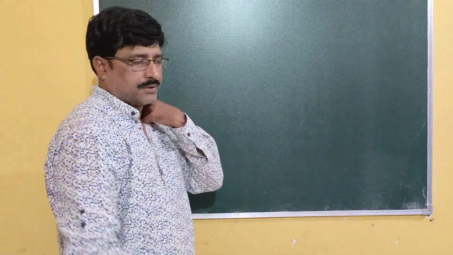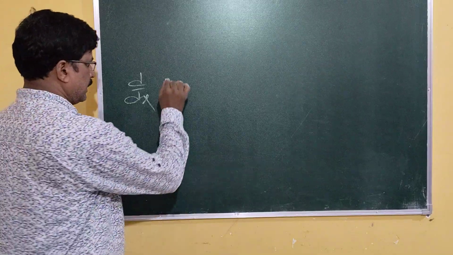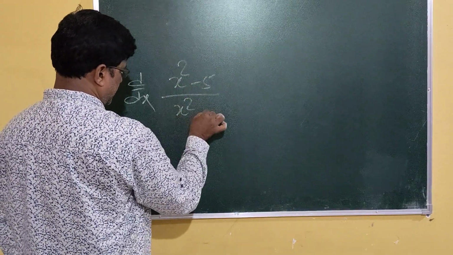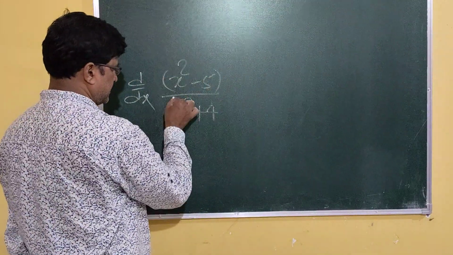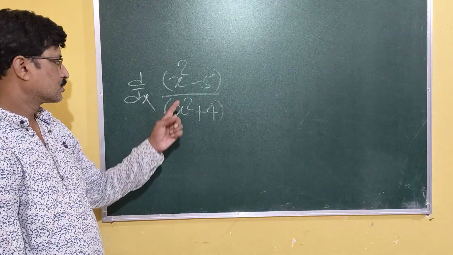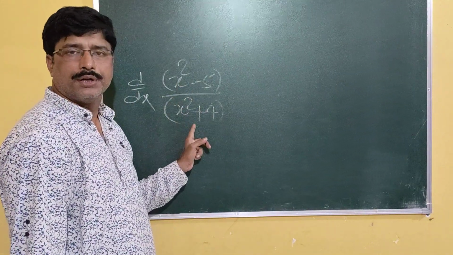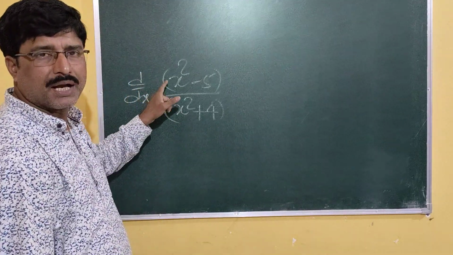Division. d by dx of x square minus 5 by x square plus 4. Here you can see there is u and here is v. This is a function in the numerator and this is also a function in the denominator, so you have to use the method u by v.